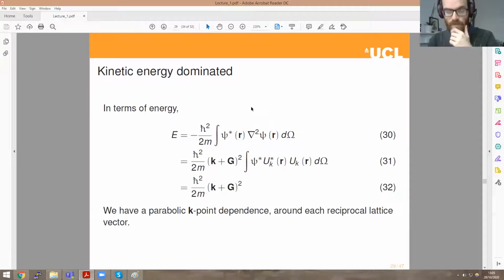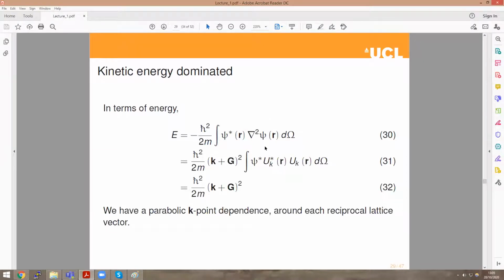Is this the equation you're referring to? Yeah, yes. So, sorry, which step? From 31, how did it become equation 32? Because I think there's a conjugate wave function, but I'm not sure how it disappears and becomes 32.